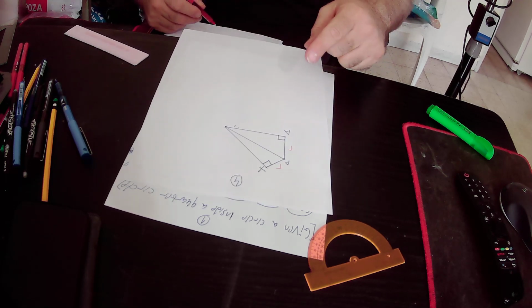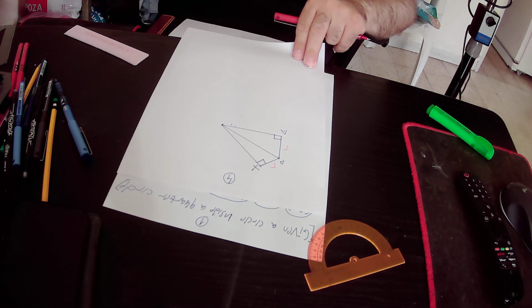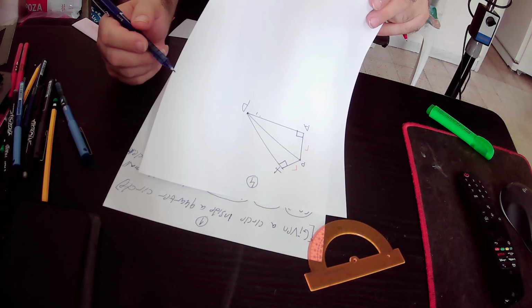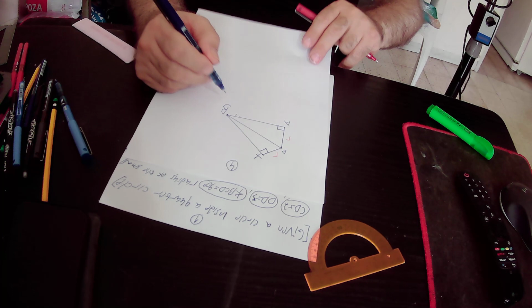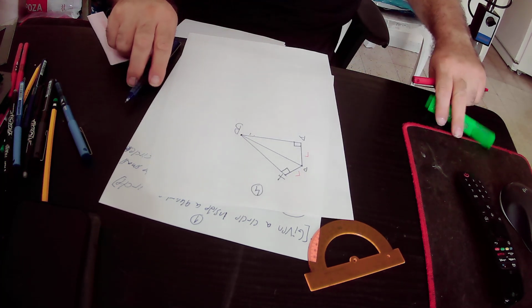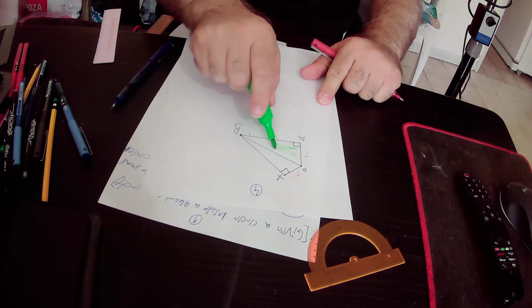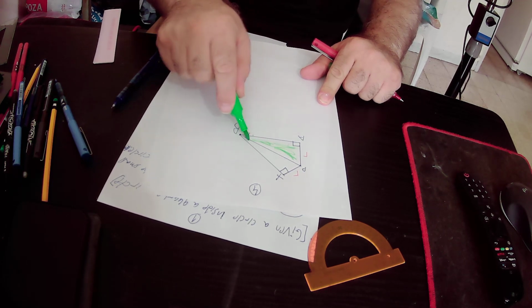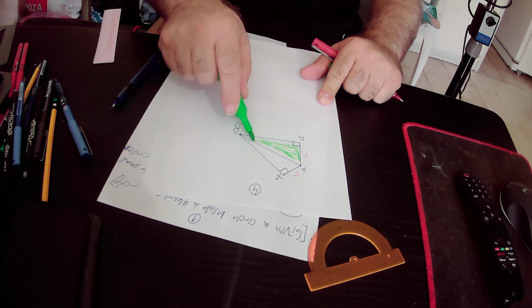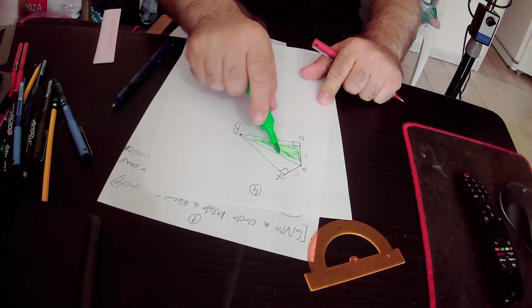So I draw triangle APB and triangle PBX. We will prove that the green triangle APB is congruent to the white triangle PBX. Okay?